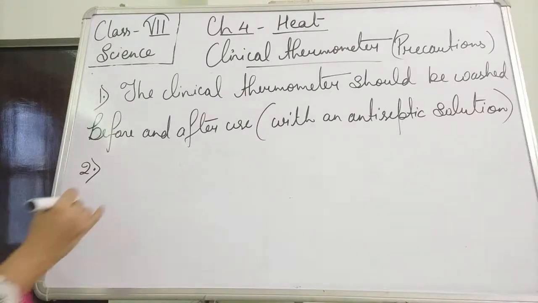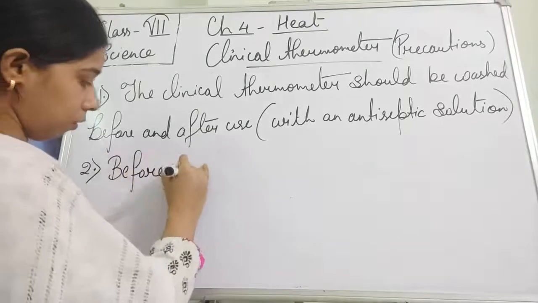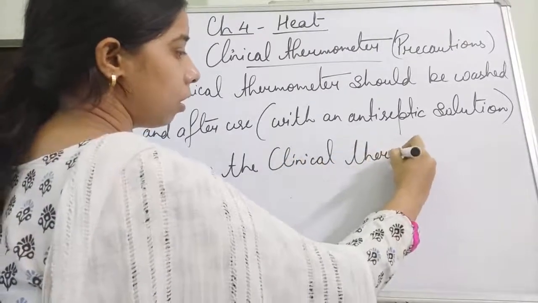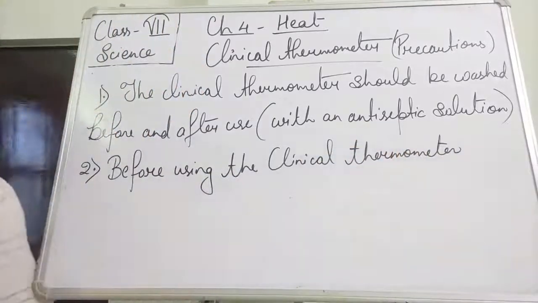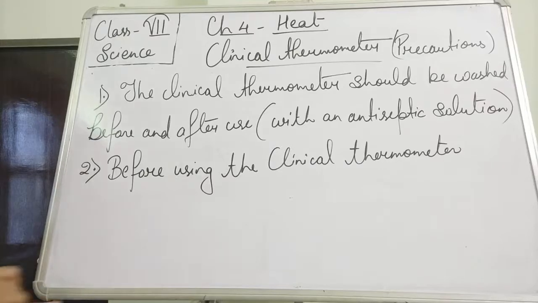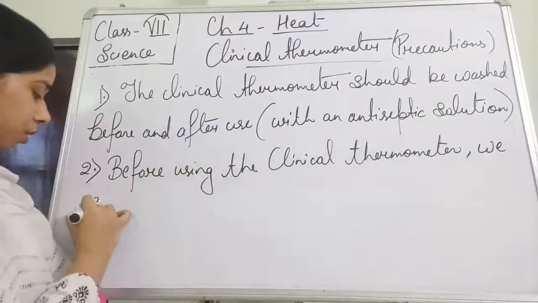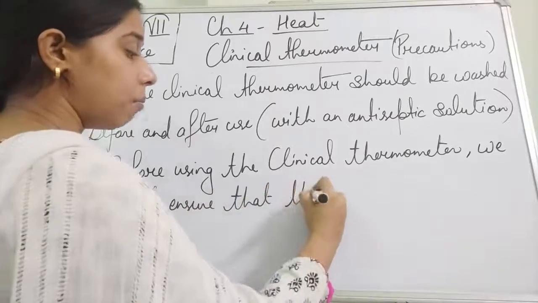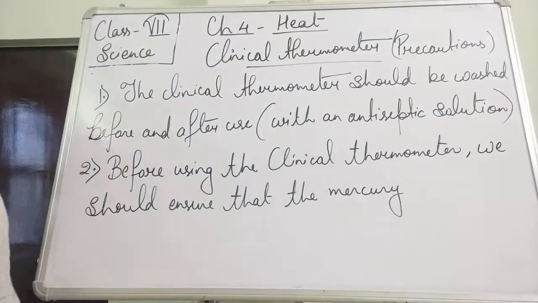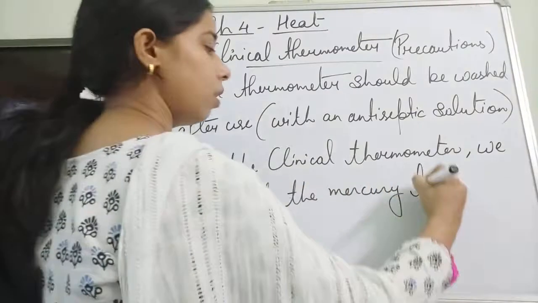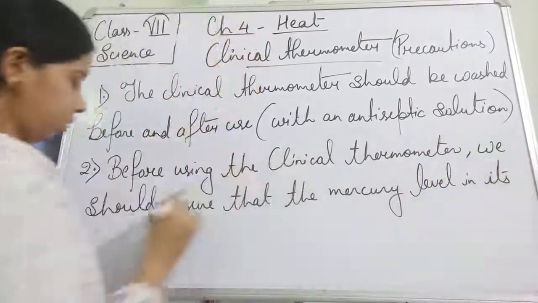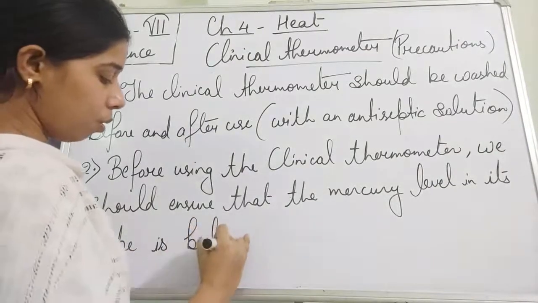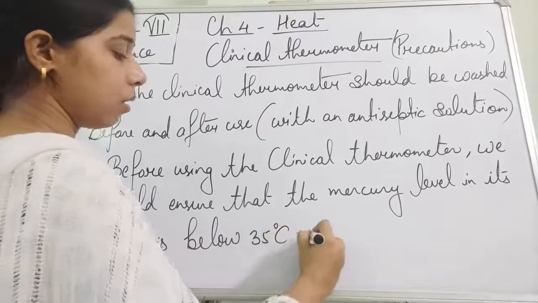So before using the clinical thermometer, we should ensure that the mercury level in its tube is below the 35 degrees Celsius mark.